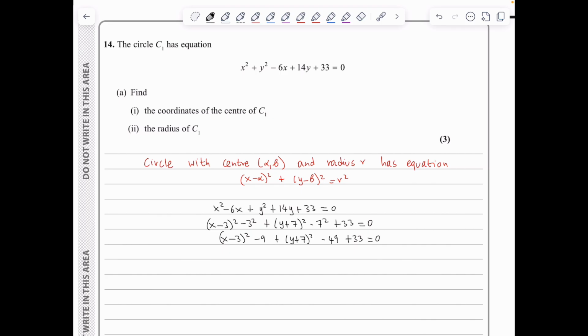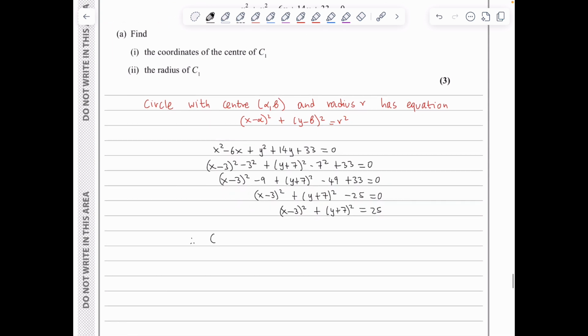So we've got x minus 3 squared plus y plus 7 squared minus 25 is equal to 0, taking me to x minus 3 squared plus y plus 7 squared being equal to 25, and therefore we conclude that the center of the circle C1 has coordinates 3, -7, and the radius r is the square root of 25, which is simply 5.